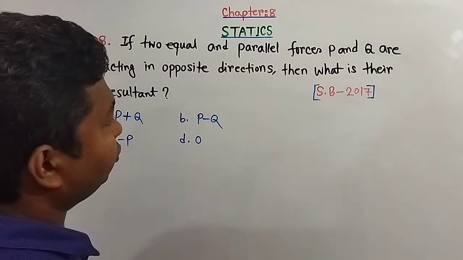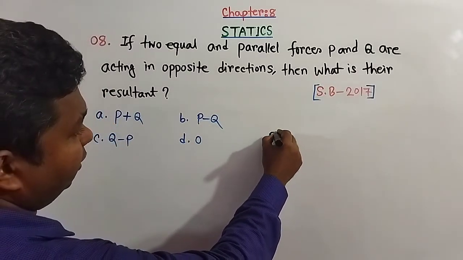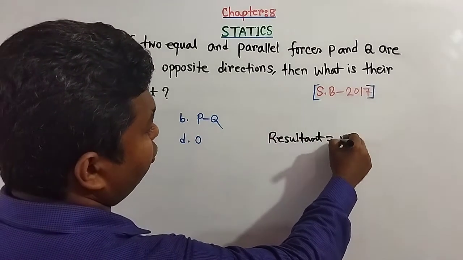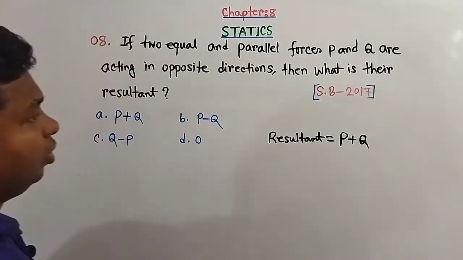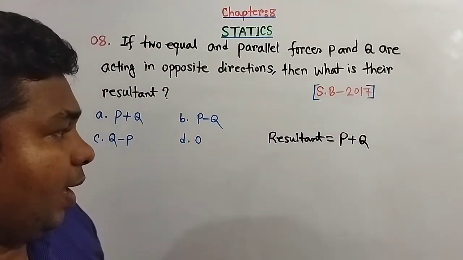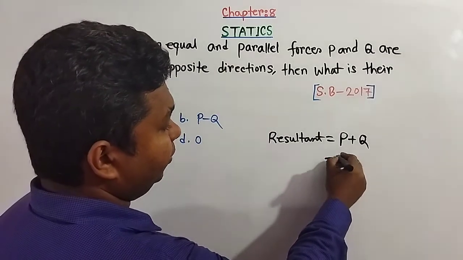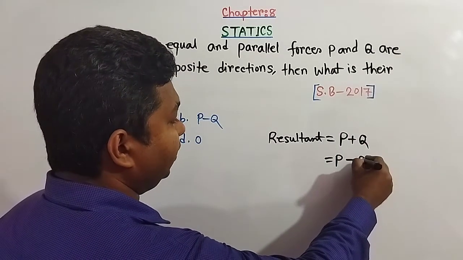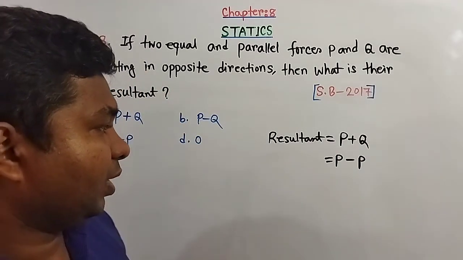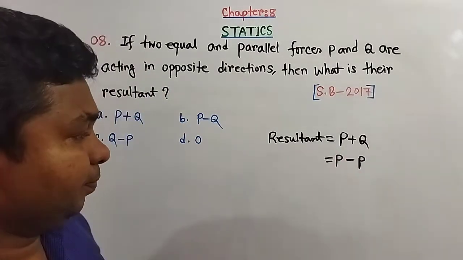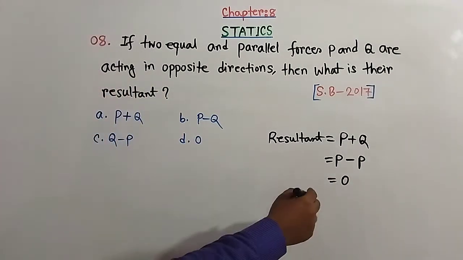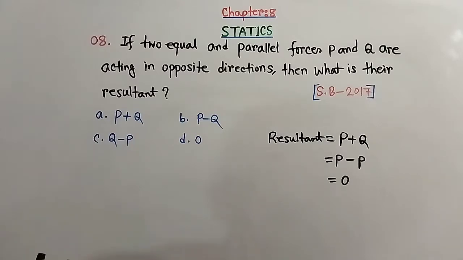The resultant force of P and Q we can write as P plus Q. Since those two forces are equal and opposite, we can write P, then the force Q can be written as minus P. So P minus P equal to 0, so the result is 0. So our answer is option D, that is 0.